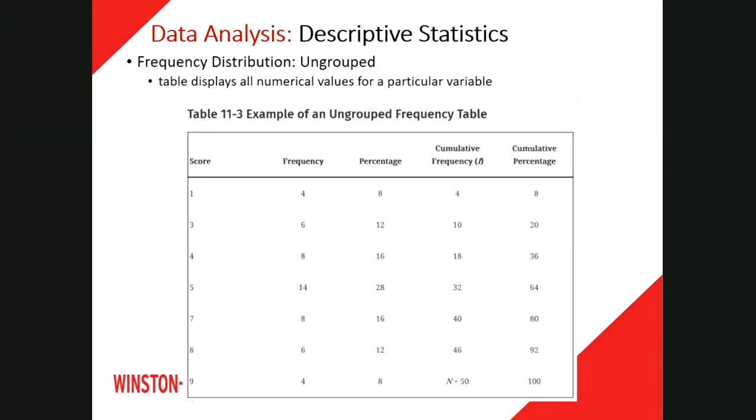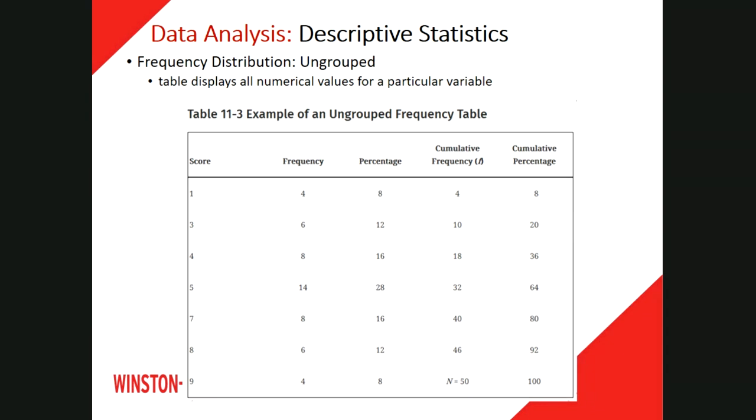So, descriptive statistics of frequency distribution may be represented in an ungrouped fashion. In this instance, you will see a display of numerical values for a particular variable. In this example, you see that the scores on, it could be a survey, a test, or whatnot, are given.